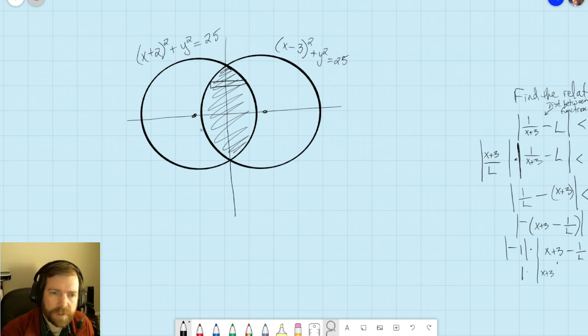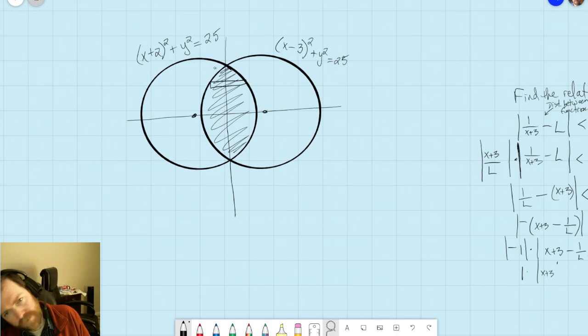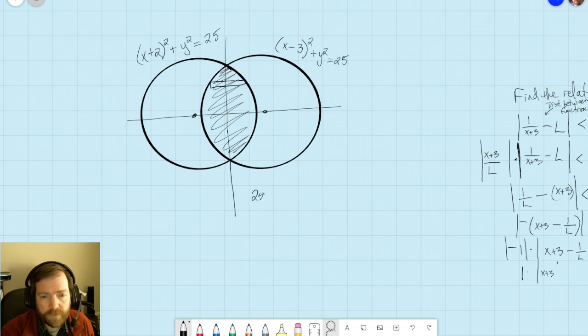So I would do this as turning it sideways this way and saying this equation here is 25 minus y squared. Take the square root. We only want the positive side of this particular circle. And then we're going to subtract 2 from that. So it's x equals this minus 2 for that one.